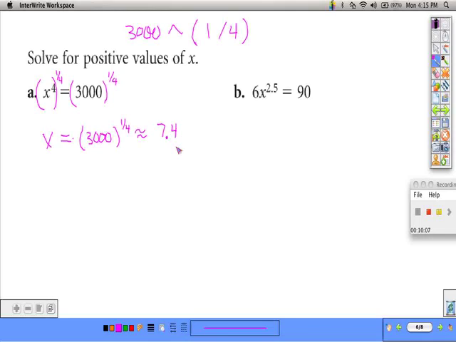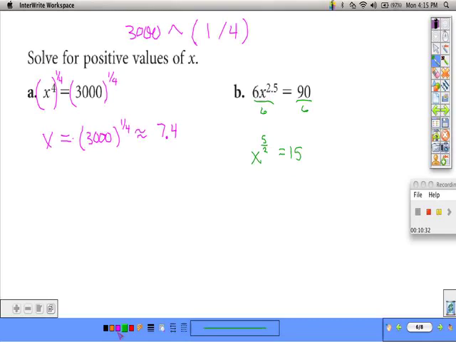For b, first we have to isolate our power. We have to divide by 6 on both sides. X, and now instead of looking at this exponent as a decimal, I want it as a fraction. 5/2 equals 15.